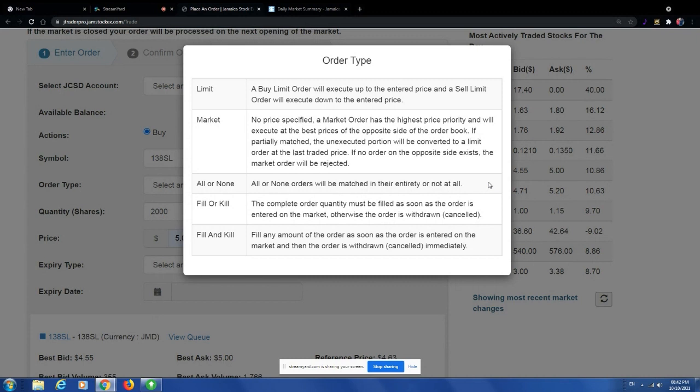So an all or none order works in their favor. If you're selling with all or none, somebody has to buy the entire volume you're selling at that price in order for it to be filled. So these different flexible order types give you the advantage of making orders a bit more flexible and desirable.